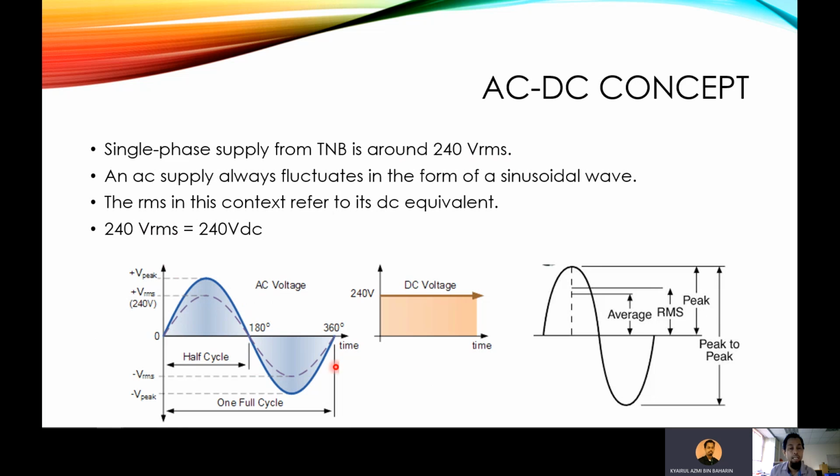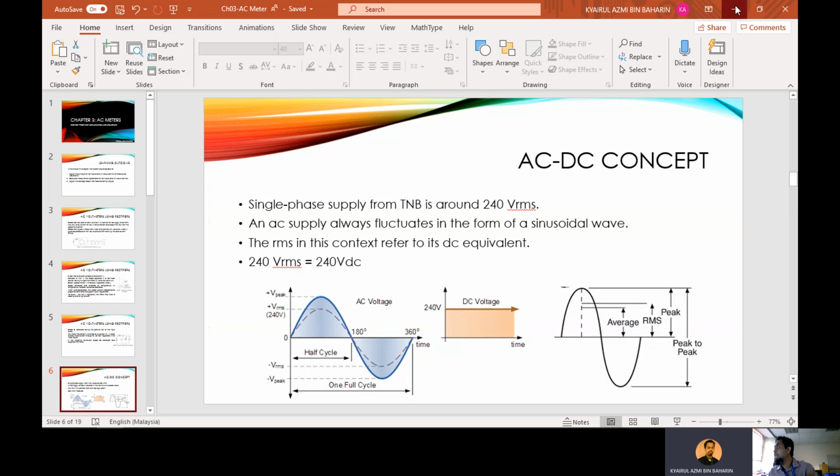So you need to understand the difference of the terms here. So we have the RMS value, the peak value, the peak to peak value, and the average value. So this is the part I want to cover next before I proceed with the lecture topic. So let us go to the whiteboard to explain this concept.